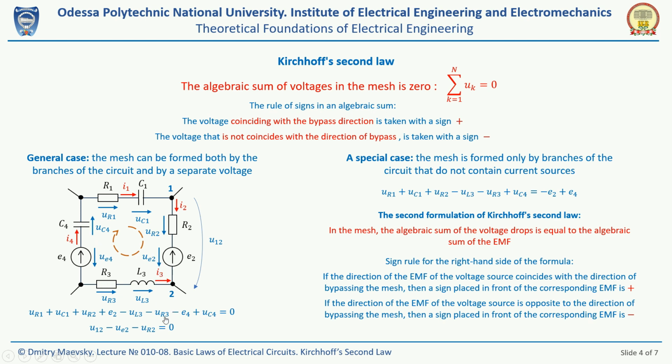It has a minus sign in our equation, and we must have a plus sign before UC4. This is the voltage on our capacitor. This algebraic sum is 0.